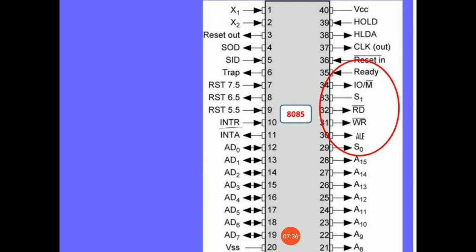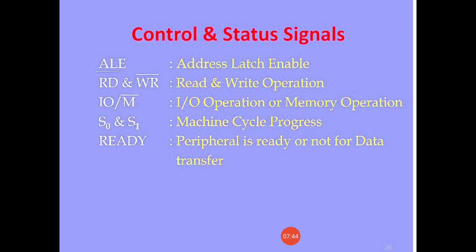These were the signals: S0, ALE, WR bar, RD bar, S1, IO/M bar, and the last one remaining is READY. For what purpose is READY used? Basically, it is used by the microprocessor to sense whether a peripheral is ready or not for data transfer.